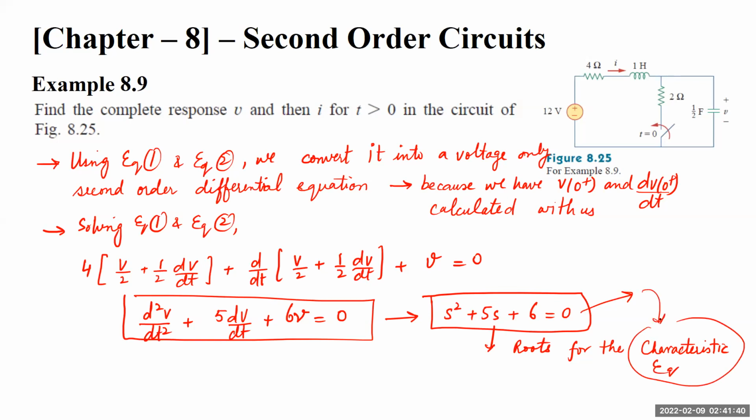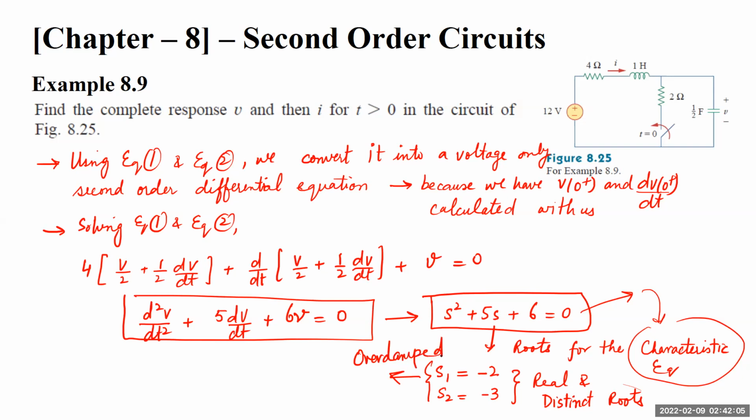The roots are S1 and S2, since it is a second order equation. S1 is -2 and S2 is -3. So we have real and distinct roots, so the response will be overdamped.